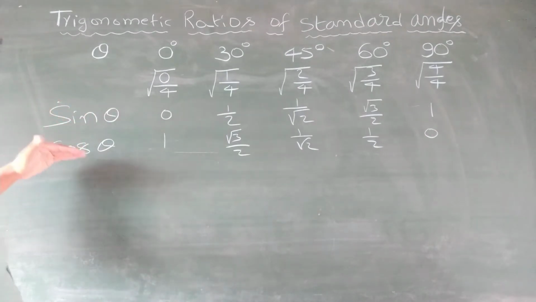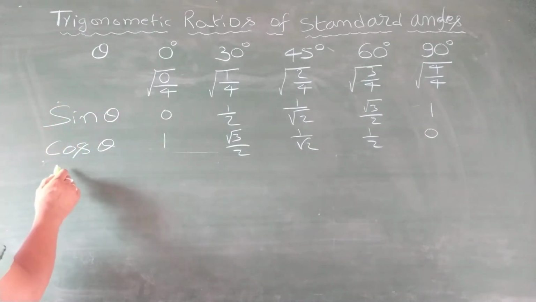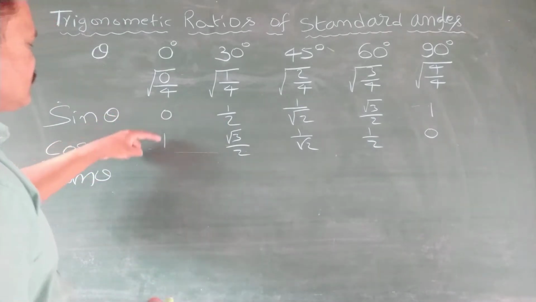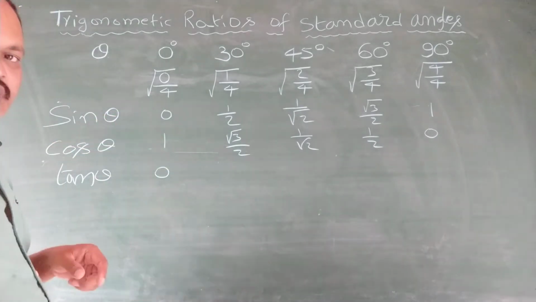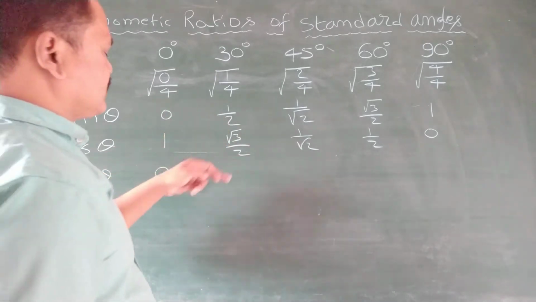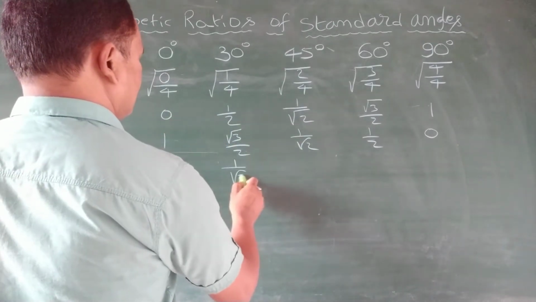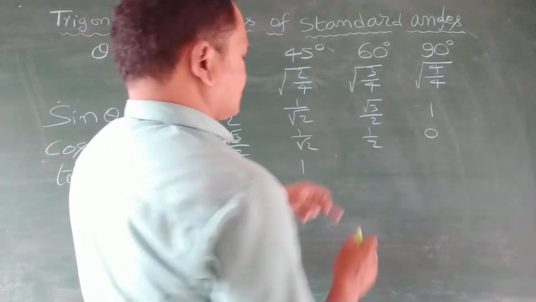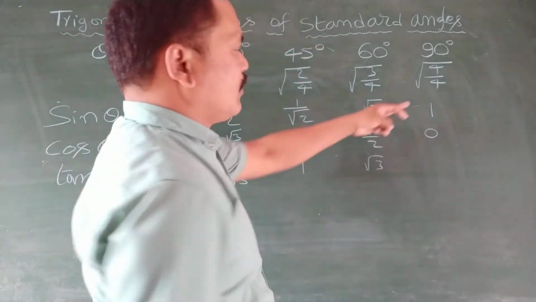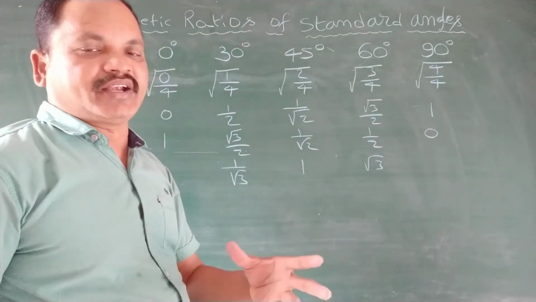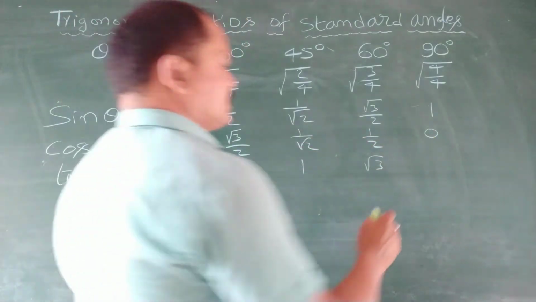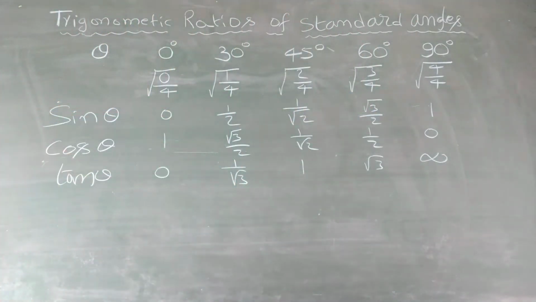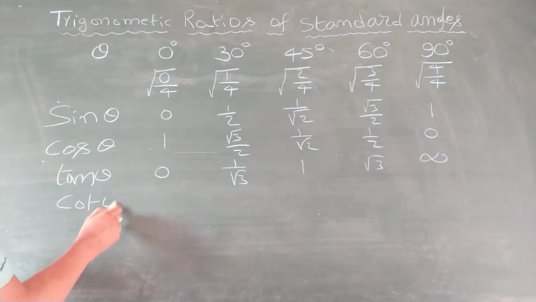Now sine by cos is tan. So tan theta is equal to sine by cos: 0 by 1 is 0. Here 2 gets cancelled, then 1 by root 3. Now this one by this one, 1. And here 2 gets cancelled, root 3. Now 1 by 0 is undefined. It represents infinity. So undefined represents infinite. Now cot theta.